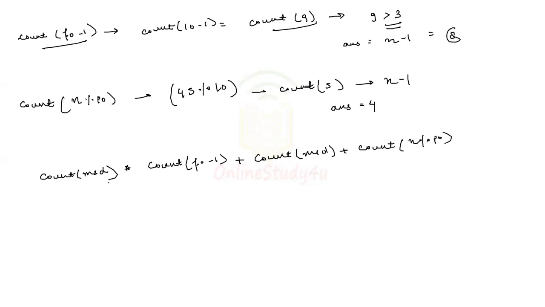So count of MSD was 3 times count of PO minus 1 was 8, which we calculated above, plus count of MSD again 3, plus count of N mod PO, that is 4. So the sum will become 24 plus 3 plus 4. Correct?